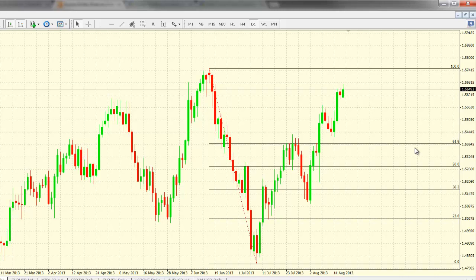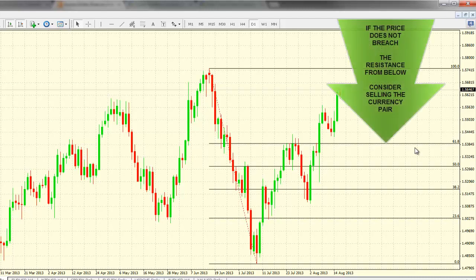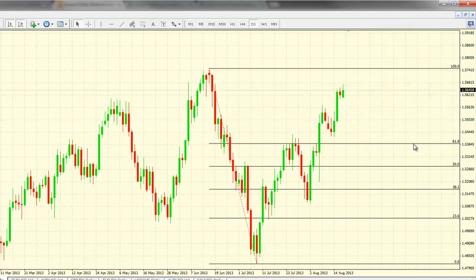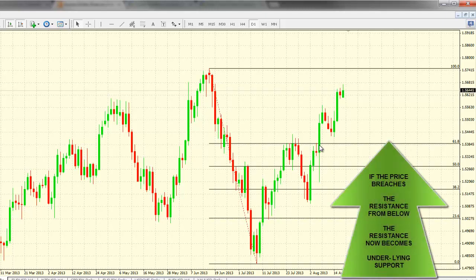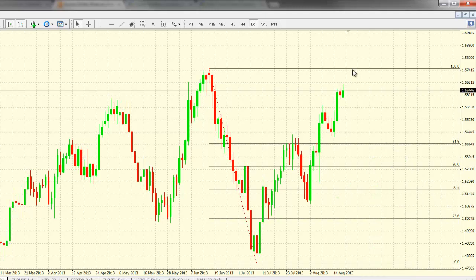Once the price reaches that 61.8% level, which was the overhead resistance, if the price is unable to breach that resistance level, the trader would consider selling the currency pair close to the 61.8 level. However, if the price breaches the overhead resistance from below, now this level would act as an underlying support and the 100% price level would become the overhead resistance.